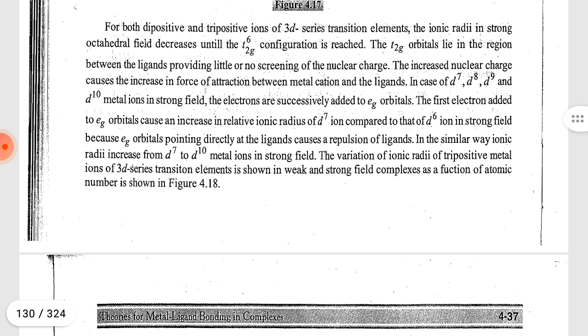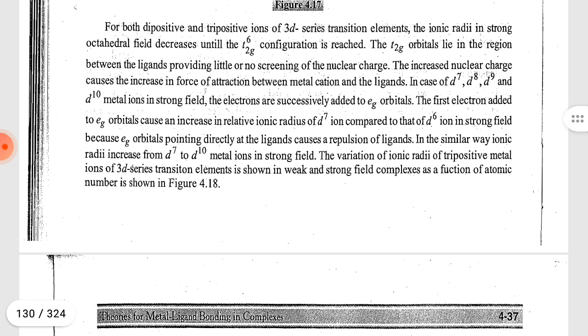In case of D7, D8, D9, D10 metal ions in strong field, the electrons are successively added to EG orbitals. The first electron added to the EG orbital causes an increase in relative ionic radius of D7 ion compared to that of D6 ion in strong field because the EG orbital pointing directly at the ligand causes a repulsion of the ligand.